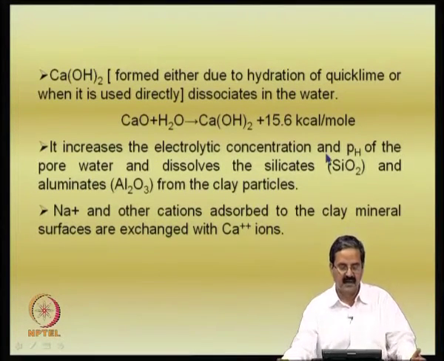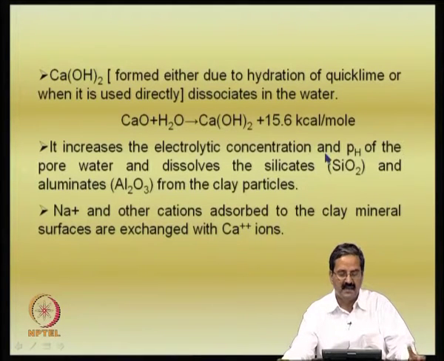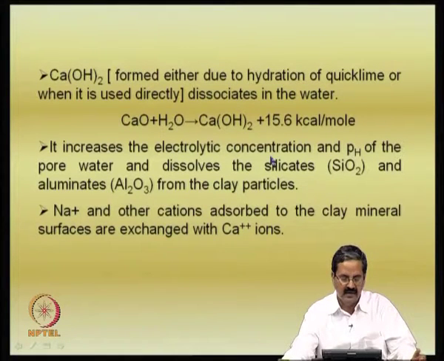There is a tendency for the particles to come together, so it increases electrolytic concentration and the pH. It dissolves the silicates and alumina from the clay particles, and as I just mentioned, sodium ions and other cations adsorbed to the clay mineral are exchanged with calcium ions.